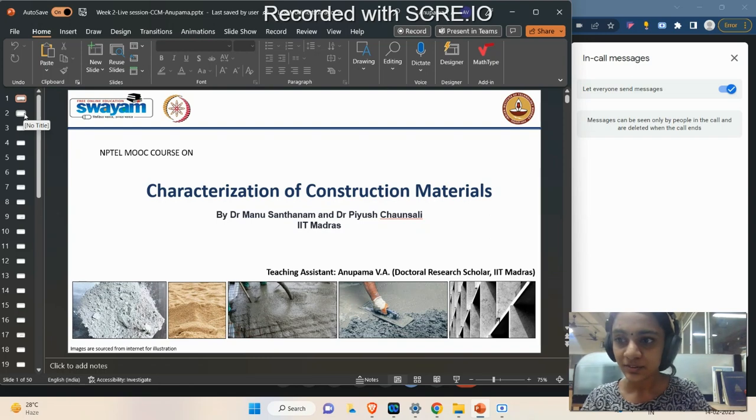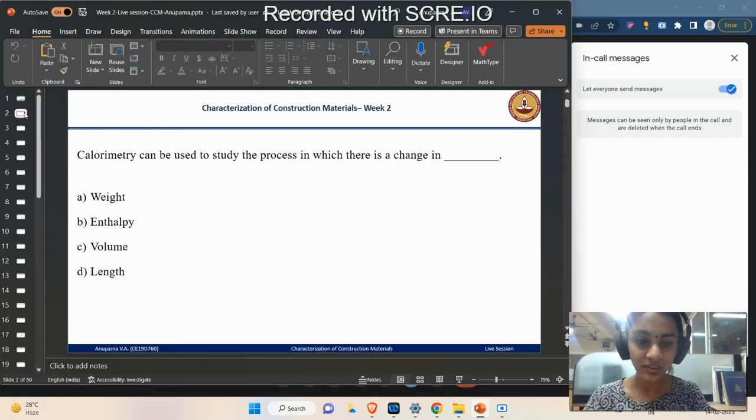The first question is this: calorimetry can be used to study the process in which there is a change in dash. The question is about calorimetry. It is used to study the process in which there is a change in weight, enthalpy, volume, or length. I hope the question is pretty clear.